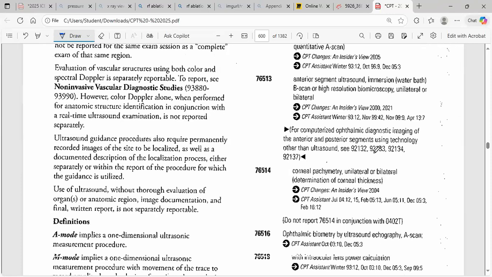Okay. These are the diagnostic ultrasound codes, not guidance codes.